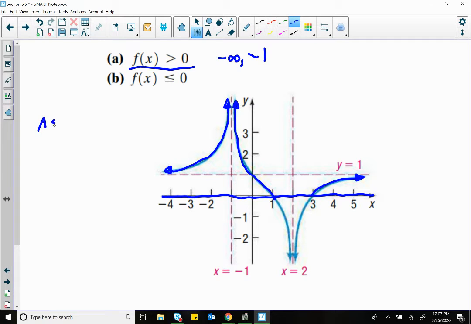Asymptotes always have parentheses, no matter what the symbol says. Asymptotes always have parentheses. Okay? So this guy is a parenthesis, and this guy is a parenthesis, because infinities always get parentheses, and the -1 is an asymptote.